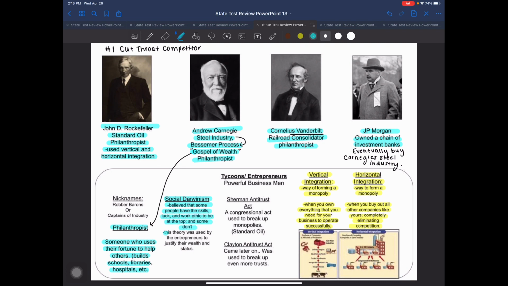What this theory comes from is actually Charles Darwin's, all right, and there's some science for you, Charles Darwin's theory of survival of the fittest.